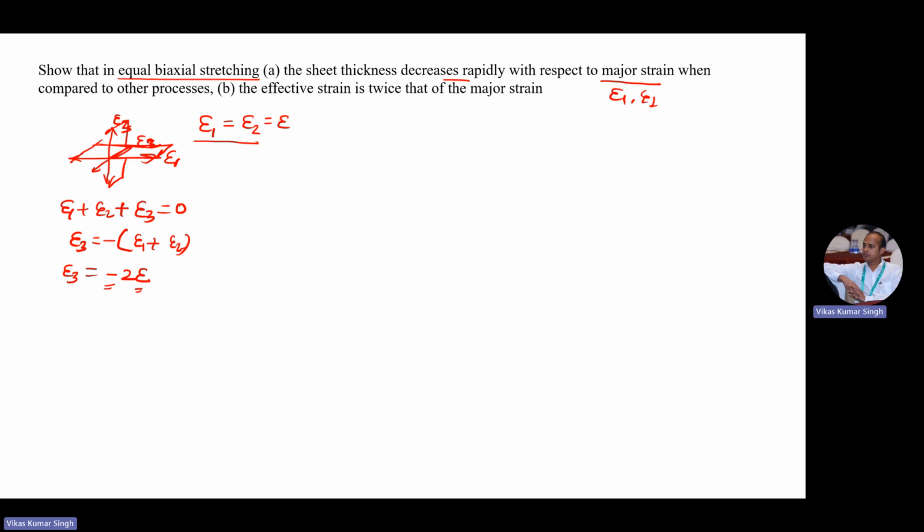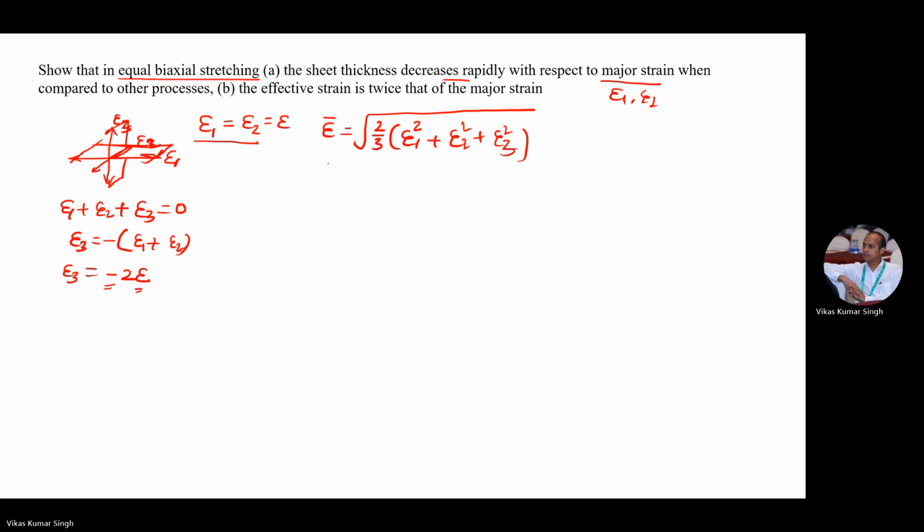Now the second part: the effective strain is twice that of the major strain. You know the effective strain formula: epsilon bar equals the square root of 2 by 3 into epsilon 1 square plus epsilon 2 square plus epsilon 3 square. This formula is already derived in the lecture class, so you can see that.